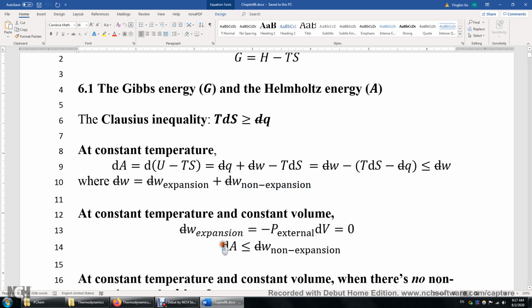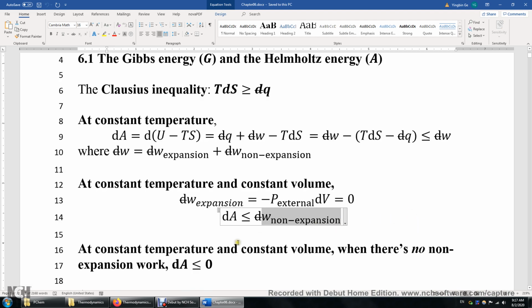Therefore, we have dA is always less than or equal to dw non-expansion. And if we integrate both sides, the change of A is always less than or equal to the non-expansion work. If there's no non-expansion work, then we say dA is less than or equal to 0. This is the natural direction.